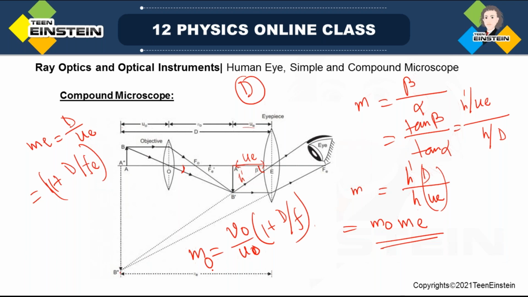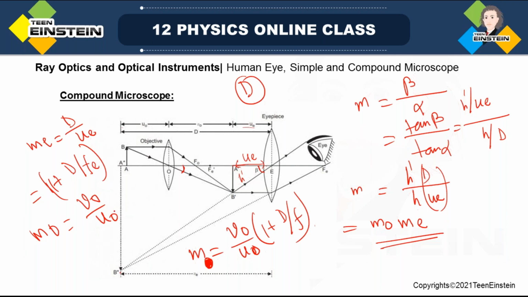So this will give you the whole magnification. Actually, Mo is vo by uo, not 0 o, uo. So if we try to find out what is this vo by uo. I'm sorry, I'm always telling vo by uo.